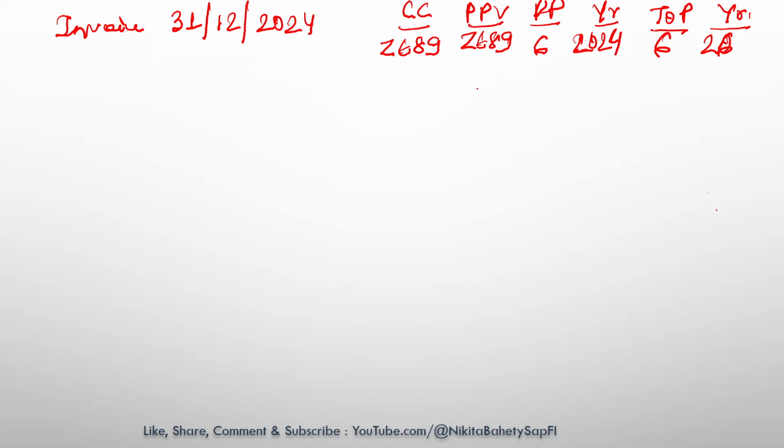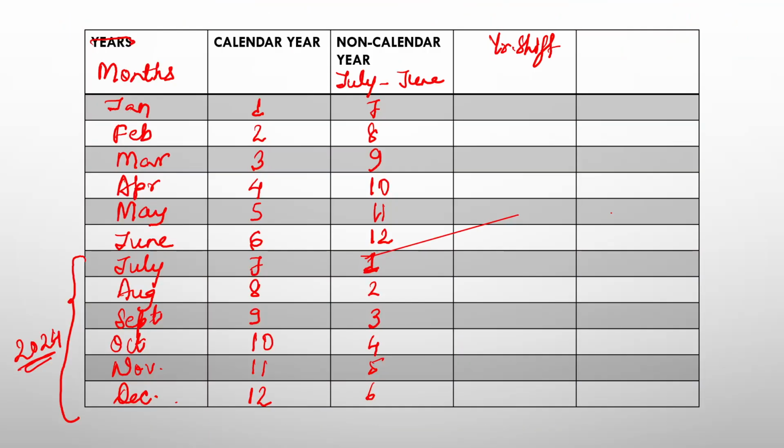Say, for example, our client wants 2024 to be followed. So, will the invoice be posted successfully? Yes. SAP will check that the invoice is dated 31st December 2024. First, SAP will check the fiscal year variant.